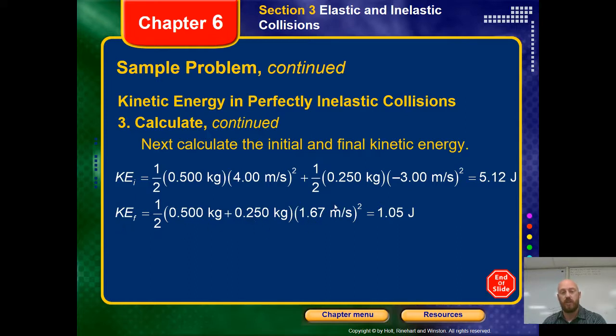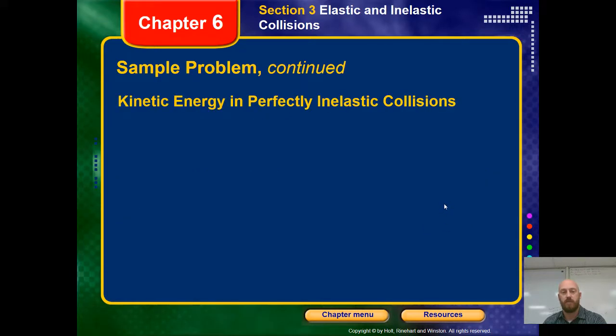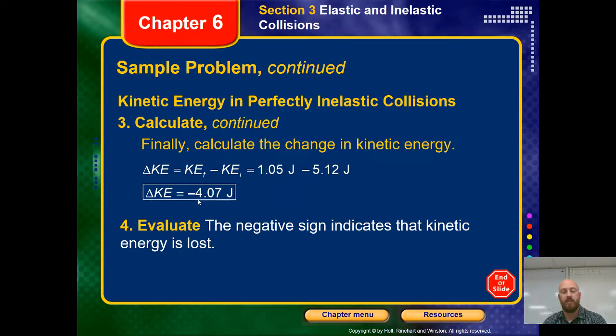Stick the two balls together, 1.67 squared times the mass together times 1/2. The last step, you subtract the two, you get -4.07 joules. So energy is lost. Should make sense. You have two clay balls moving very fast, stick together, will form one. That one is moving slower, has less kinetic energy.